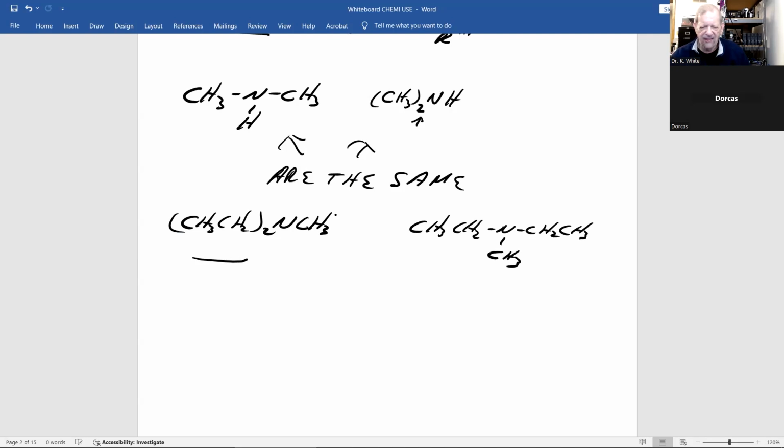And again, these are the same. And that's something we don't do mainly in organic chemistry and carbon compounds, but do always in nitrogen compounds.